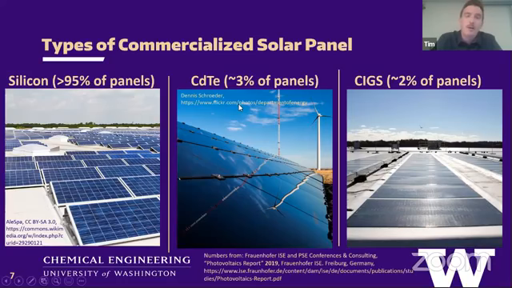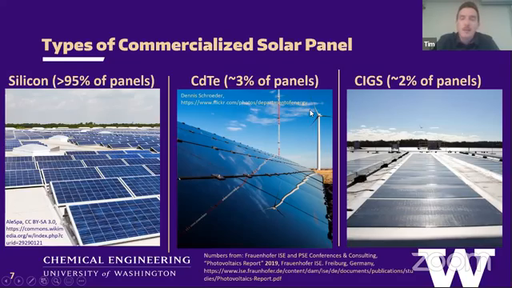And in part that's because cadmium telluride technology works better in warmer climates. Up here in Washington, a silicon panel is going to be much more efficient than a cadmium telluride panel. But down in North Carolina, or potentially further south than that even, or in northern South America where it gets very warm, or in northern Africa, other places like this, cadmium telluride can be more efficient than silicon and has taken quite a foothold.